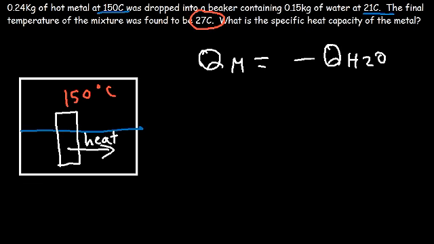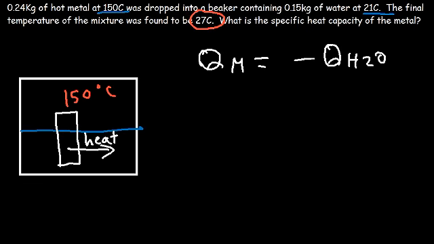So one of the Q values is positive, the other is negative. This additional negative sign negates the negative Q value of the other substance. It really doesn't matter where you put the negative sign. You can put it on the left side or the right side, and you will get the right answer. However, if you don't put the negative sign, it's not going to work out. You're going to have issues solving this problem.